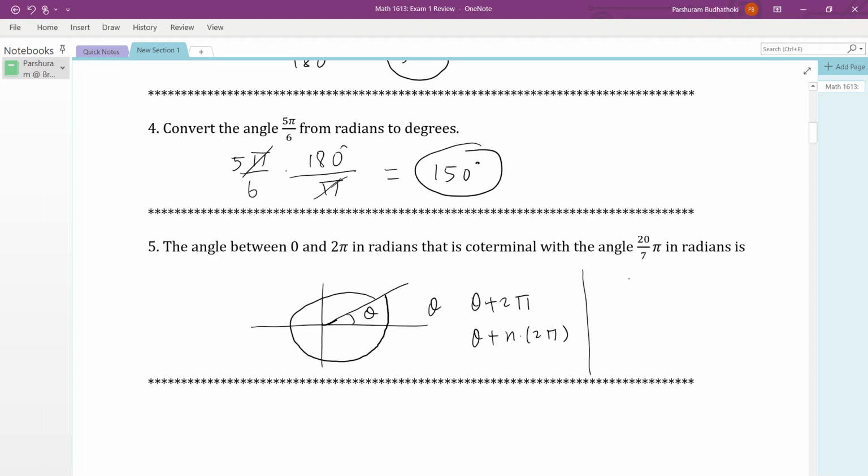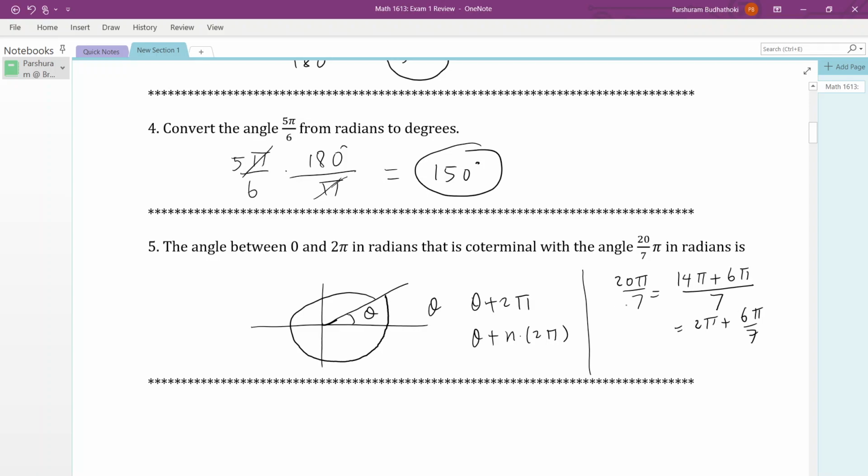Okay, so 20 pi over 7 can be written as 14 pi over 7 plus 6 pi over 7. What I did is I divided 20 into two parts, where one is the maximum number which can be divided by 7, and another one is less than 7. If you split this, it will give you 2 pi plus 6 pi over 7.